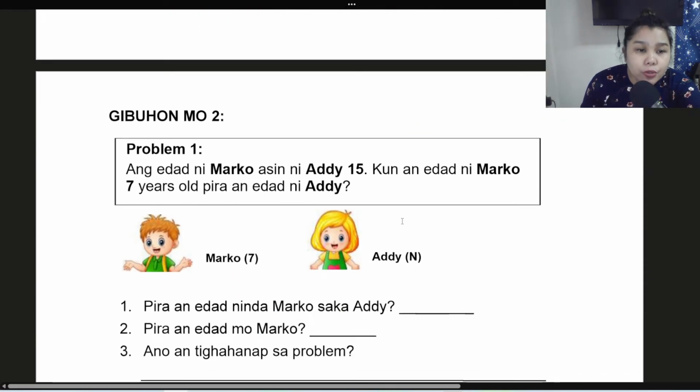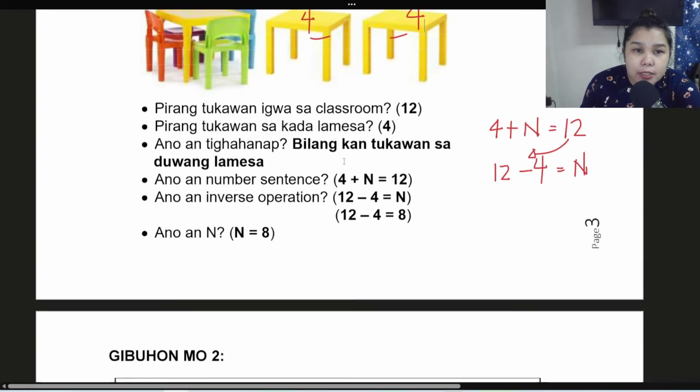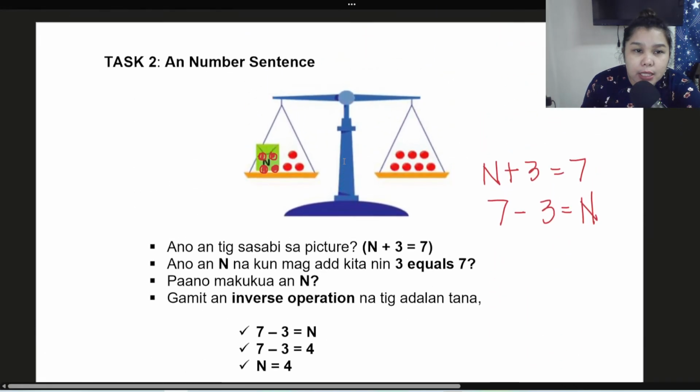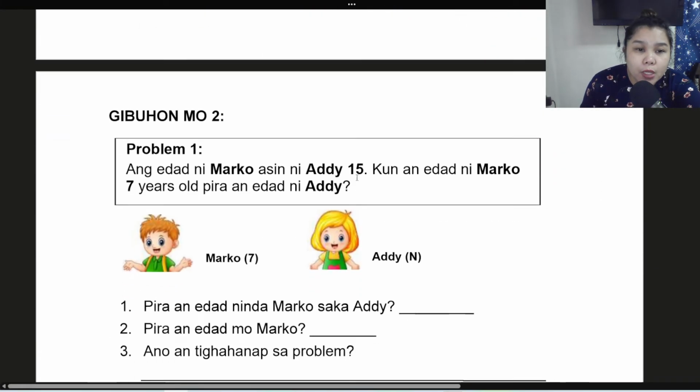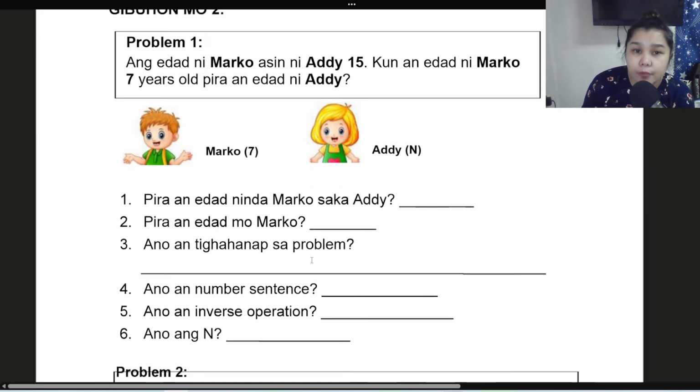For Task 2, Problem 1. This is about what was discussed earlier. The age of Marco and Auntie is 15. If Marco is 7 years old, how old is Auntie? It's found in the problem. Which is being asked in the problem?